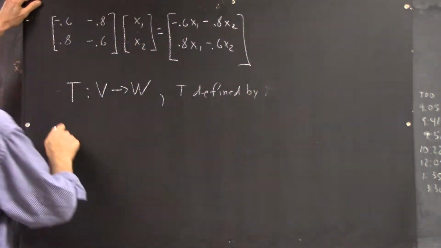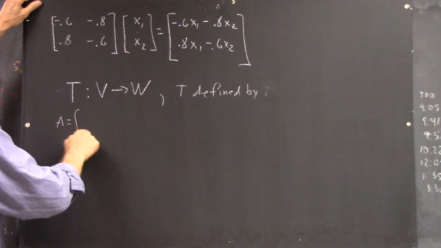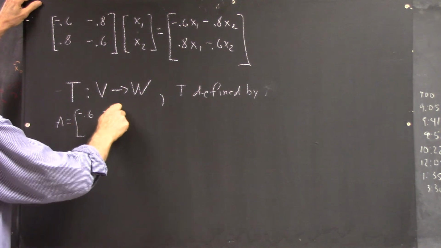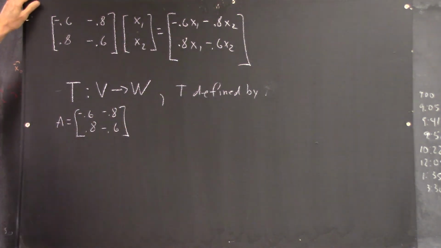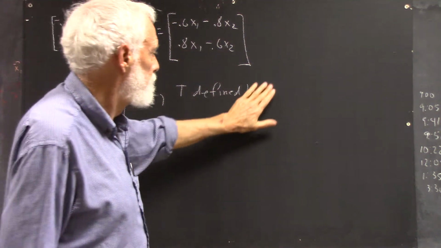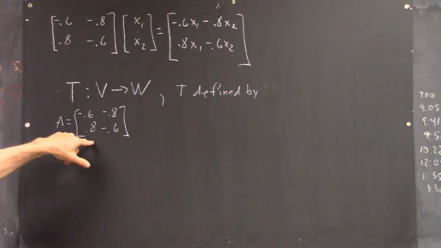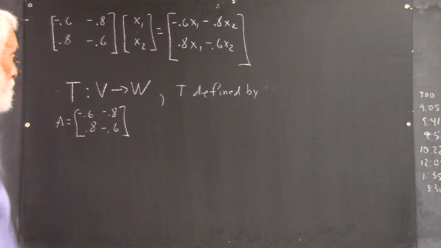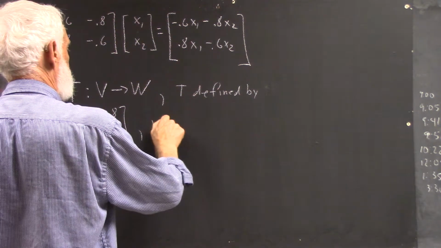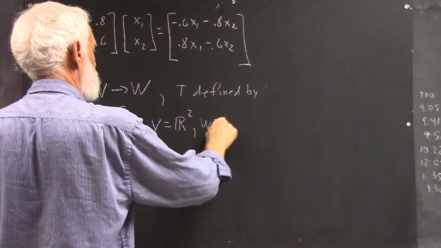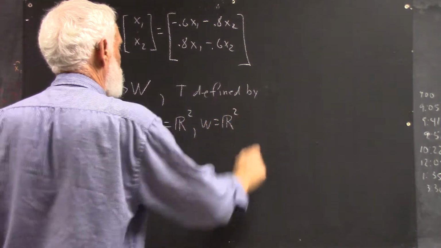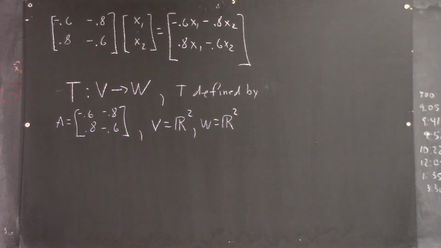Right over here. Okay? Your transformation is defined by this. V equals R2, W equals R2.